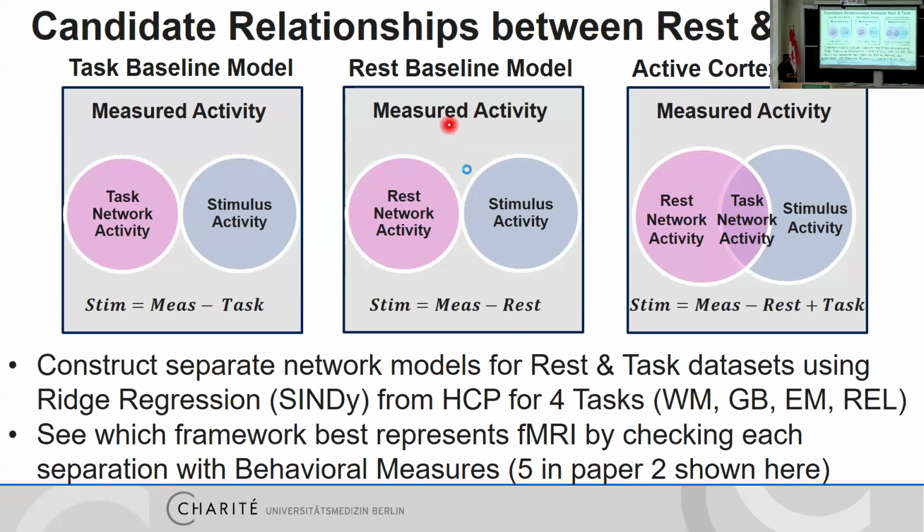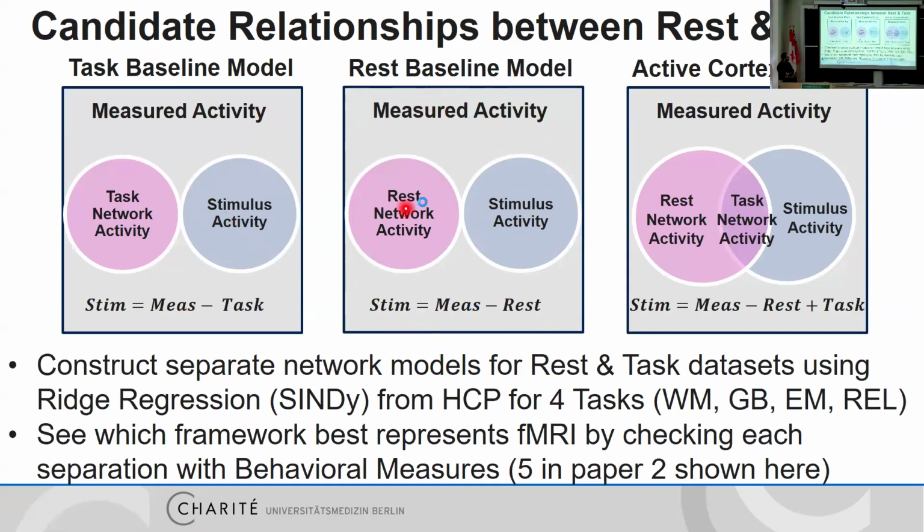The first one, which I think is the one we're most familiar with, is what I call the rest baseline model, where the measured activity we have is the rest network activity. So maybe something like these big, giant, swirling patterns, and then everything else corresponds to what we're actually processing.